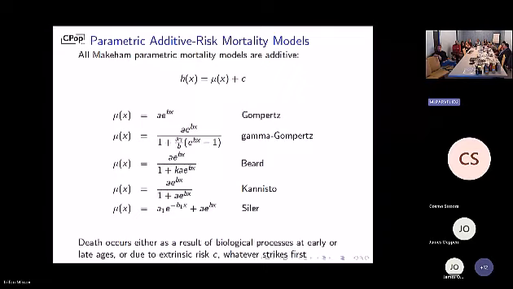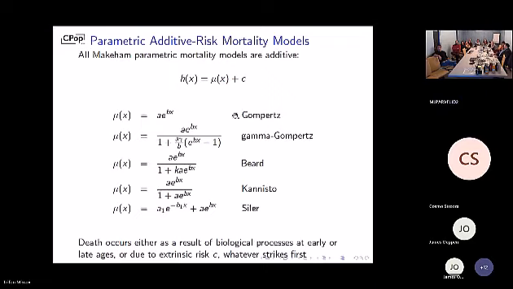This is the Makeham term, plus something that is capturing biological processes at early or late ages of life. And if you look at the Siler model, this term capturing infant mortality is capturing biological processes at early ages. And the exponential increase in the death rates, of course, is capturing the aging, the senescence part.